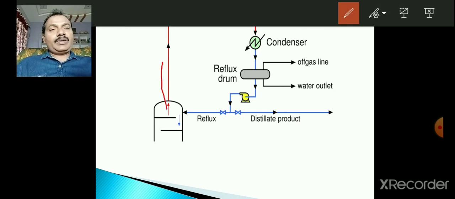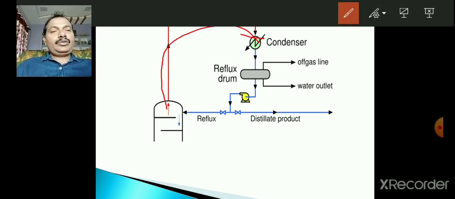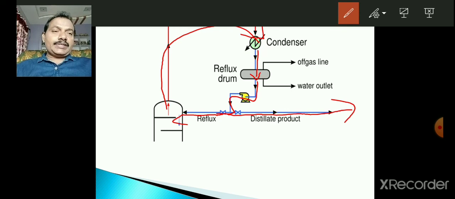So the vapor moves to the condenser, then it is converted to fluid and collected in the reflux drum, the collection drum. This pump will pump the same collected fluid into the distillation column, and some of the product is tapped and collected as a product. So that is the distillate product.